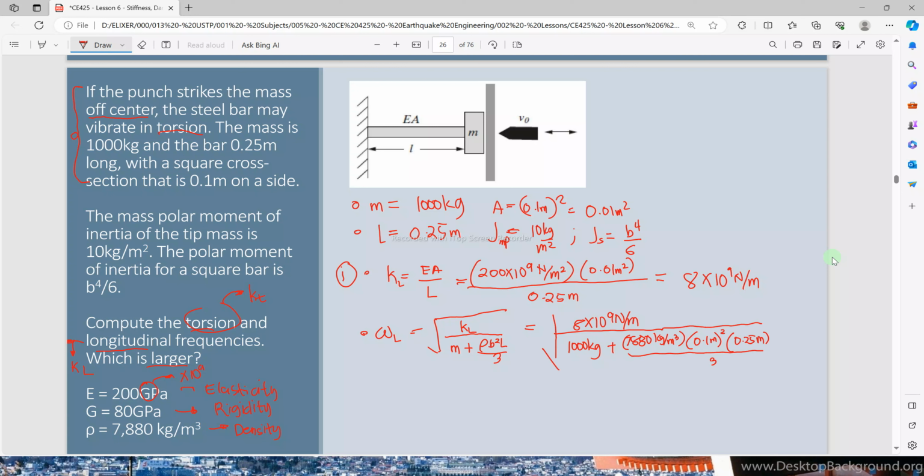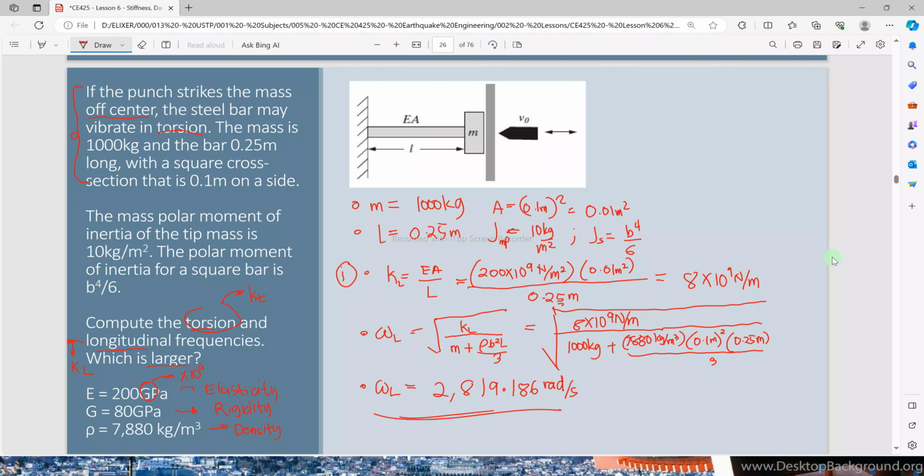So we have the square root of 8 times 10 to the 9 over 1,000 plus 780 times 0.1 squared times 0.25 over 3, which gives 2,819.186 radians per second.